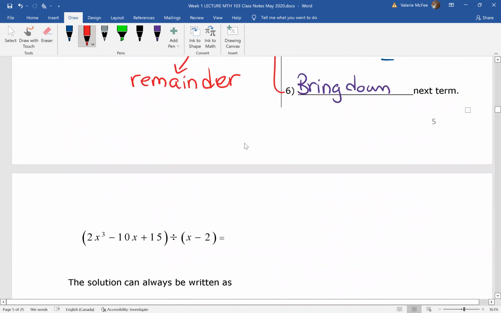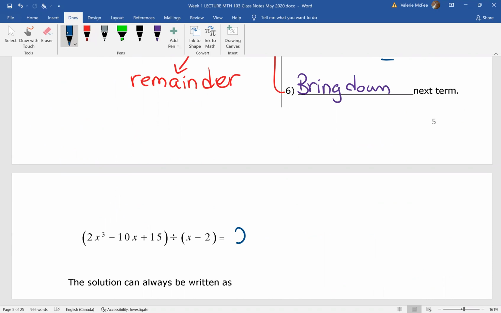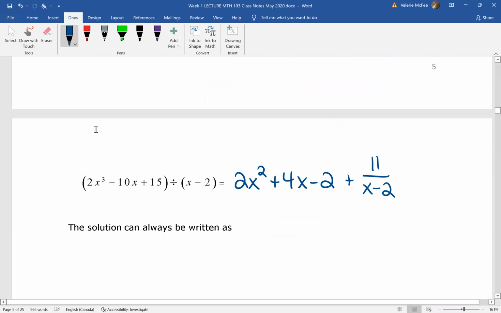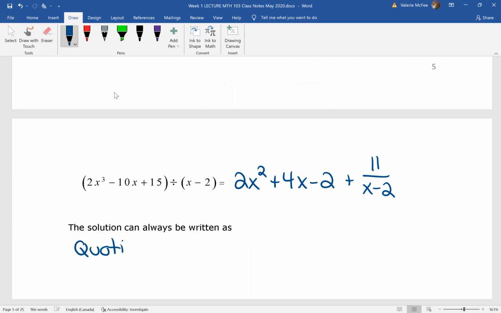So we see here that our division question is equal to our quotient, 2x squared plus 4x minus 2, plus our remainder over the divisor. Our solution can always be written as the quotient plus the remainder over the divisor.